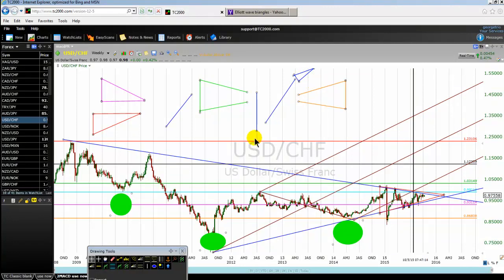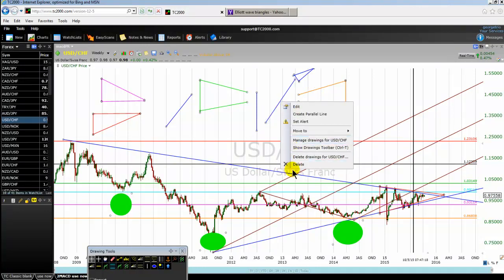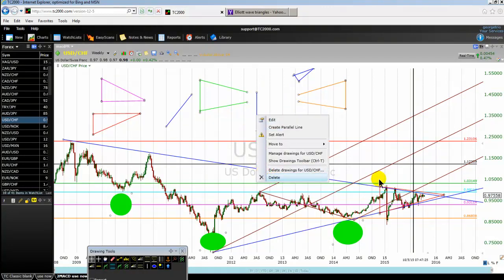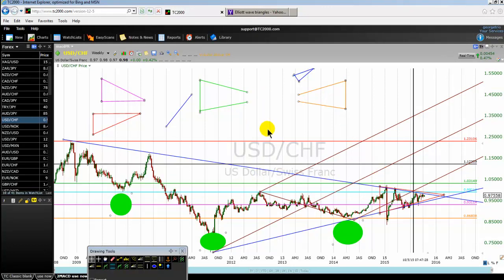So it's not always a continuation that we have after we see a triangle, but very often they are continuation patterns. They are also corrective patterns. If you are talking about corrective patterns, the next question is, what are they correcting?